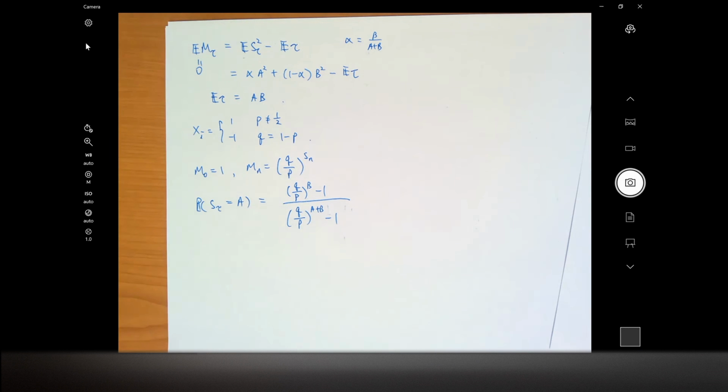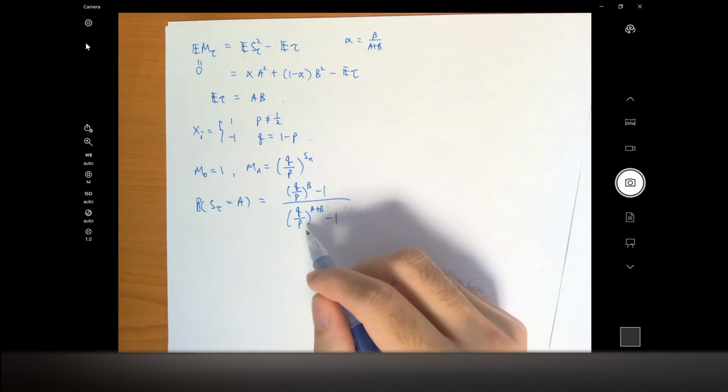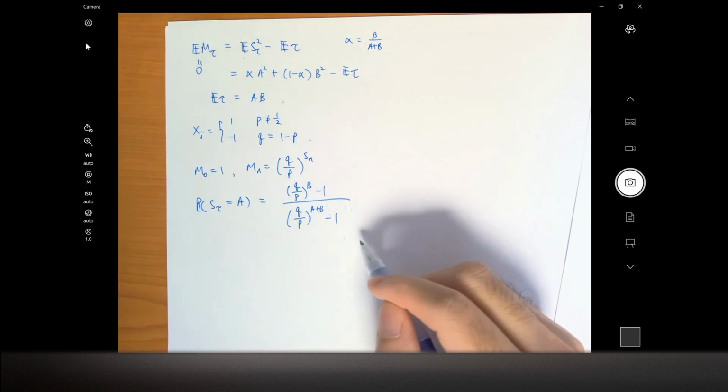And let's see. The expectation of tau, okay, I don't have it here. You can try to see whether you can compute the expectation of tau or not. Maybe that's not so easy to compute also. So, okay, that's homework for you.